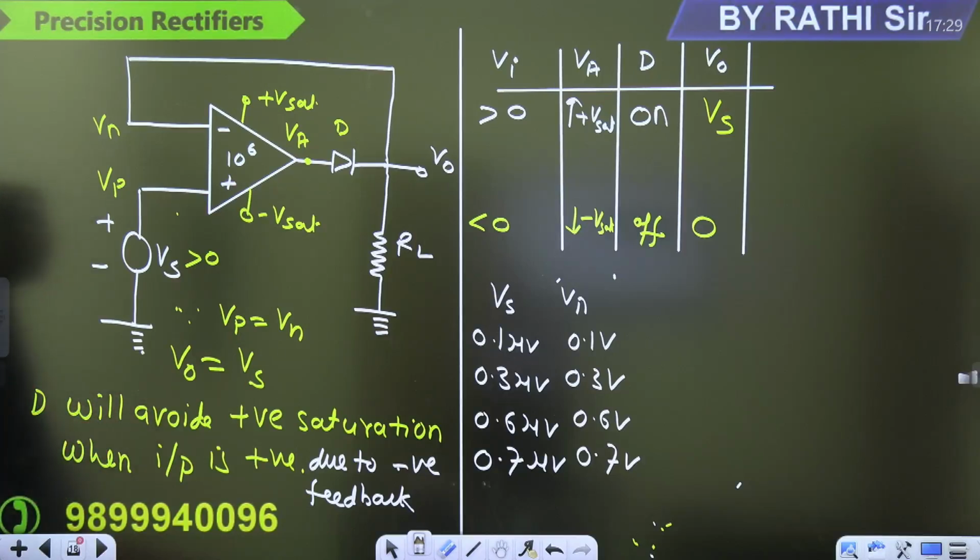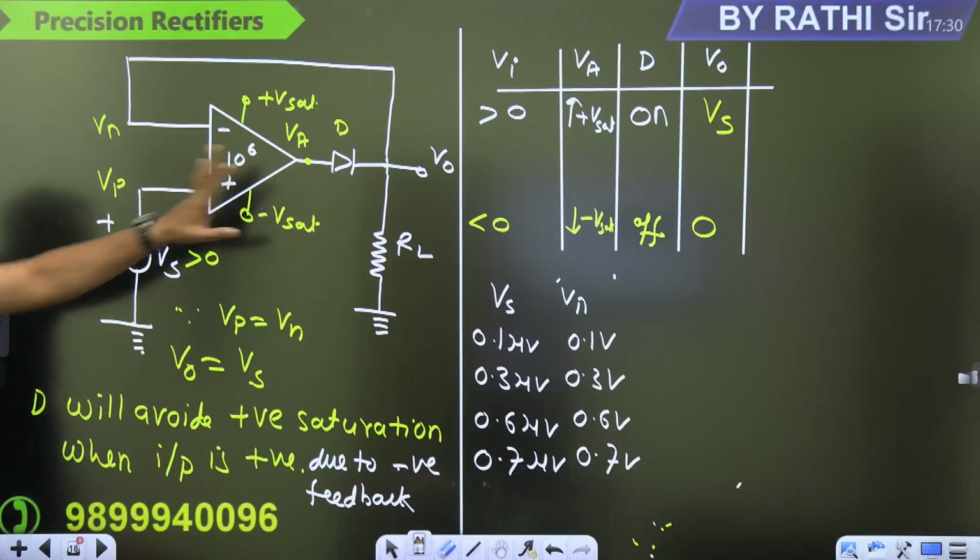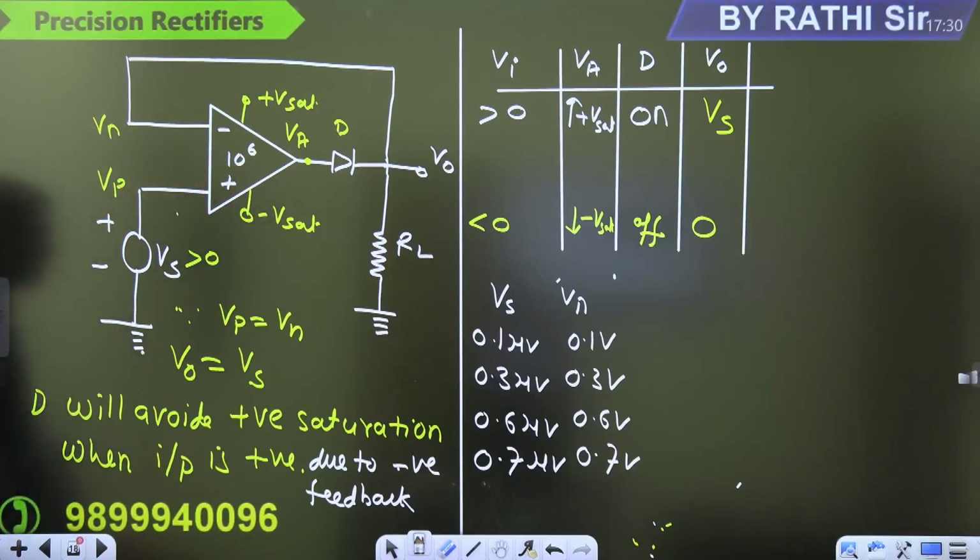Because of the negative feedback, the virtual short concept is valid. So V0 is equal to what? Vs. We are getting the exact replica of the input. And what input is required to make the diode forward biased? Only 0.7 microvolt is wasted just to make the diode forward biased, because the diode is practical.